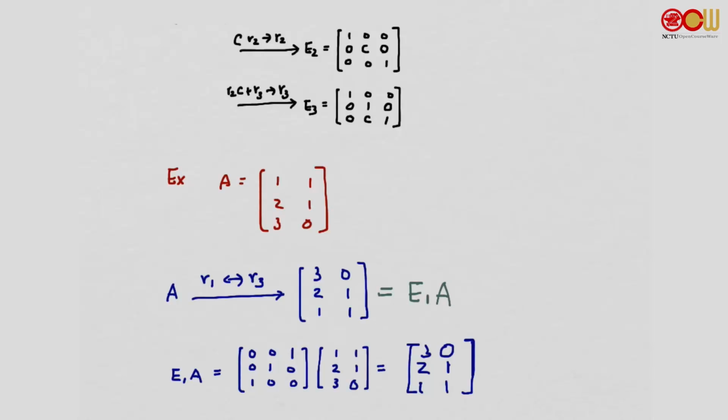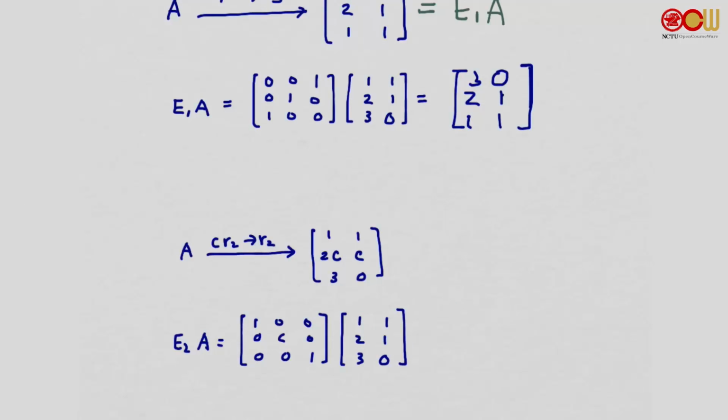So the elementary matrix now has a new meaning. Before, when we talked about ERO, we said we interchange row 1 and row 3 and we get this matrix. Now, instead of describing this using words, we can simply do a matrix product. If we just do the matrix product, we will get the result of interchanging row 1 and row 3.